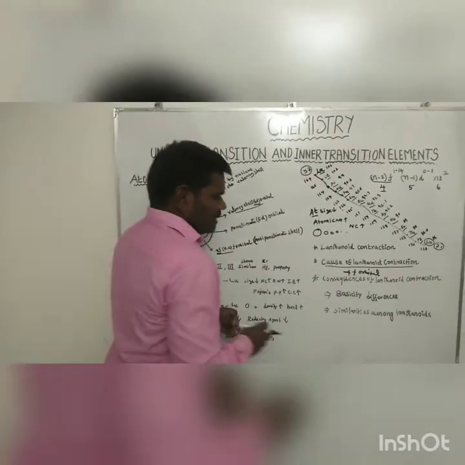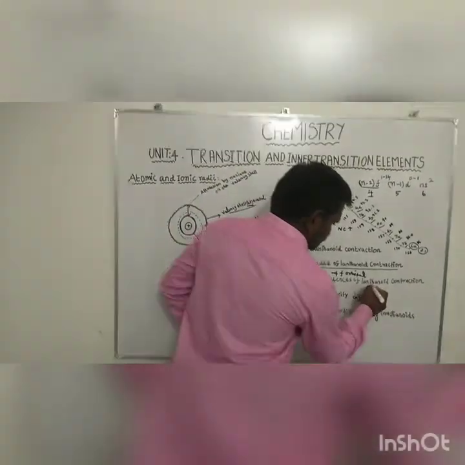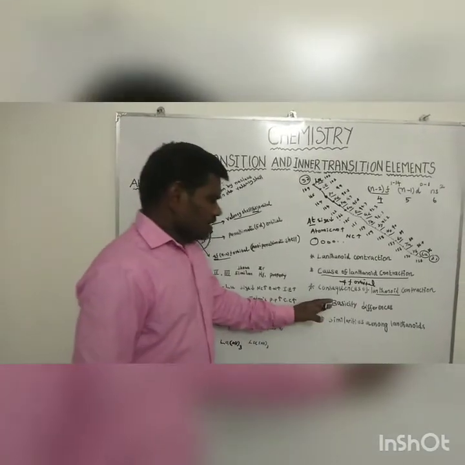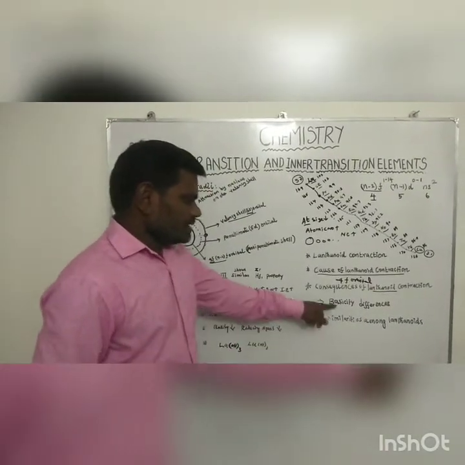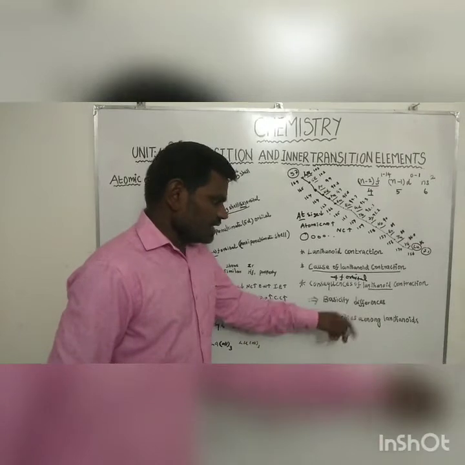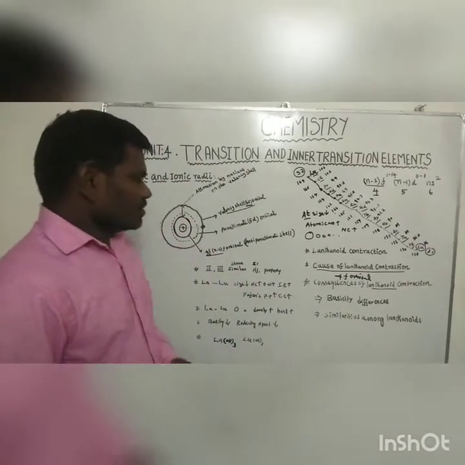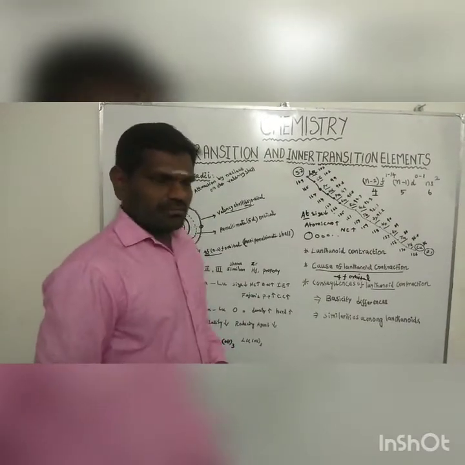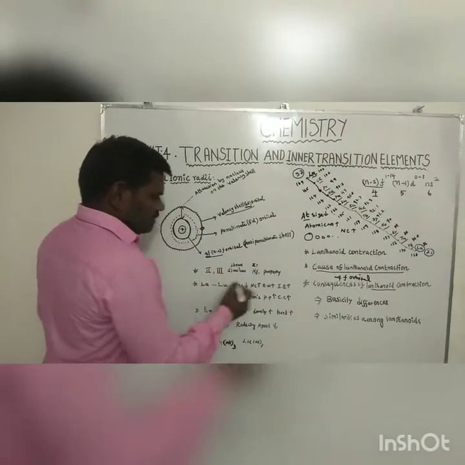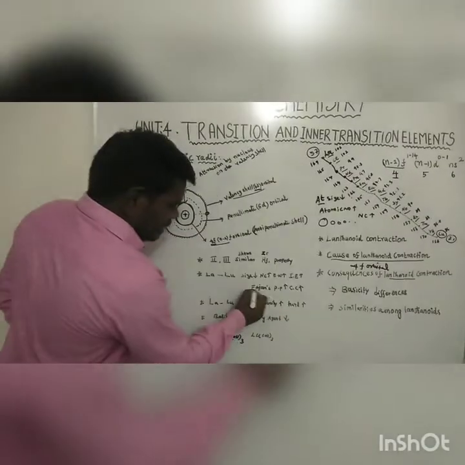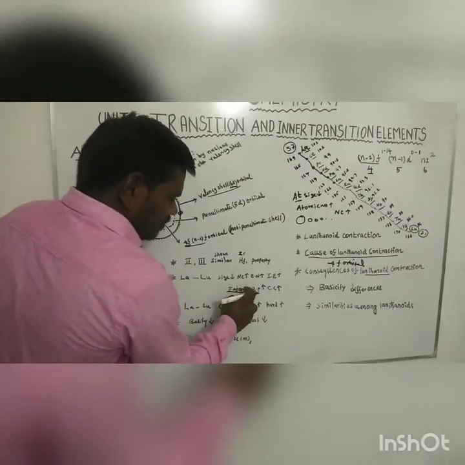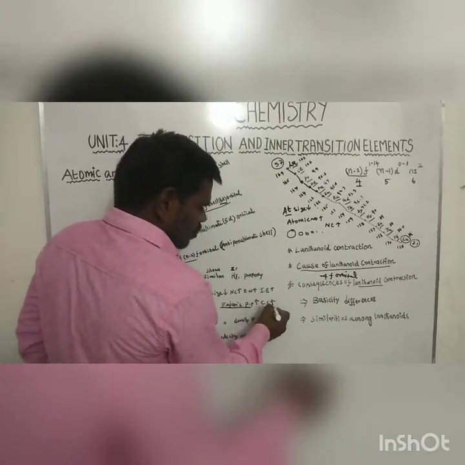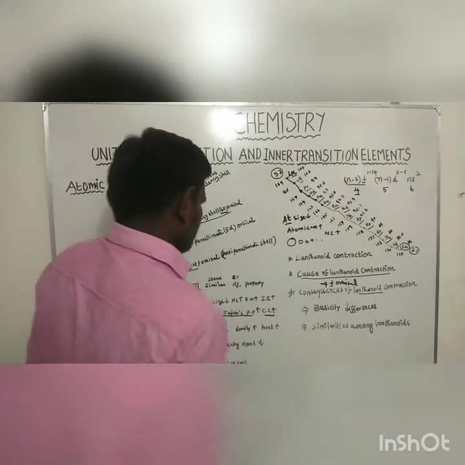Next topic is consequences of lanthanide contraction. There are two factors: the basicity difference and the similarity among the lanthanides. Basicity is an electron donating property. According to Fajan's rule, as polarizing power increases, covalent character also increases.